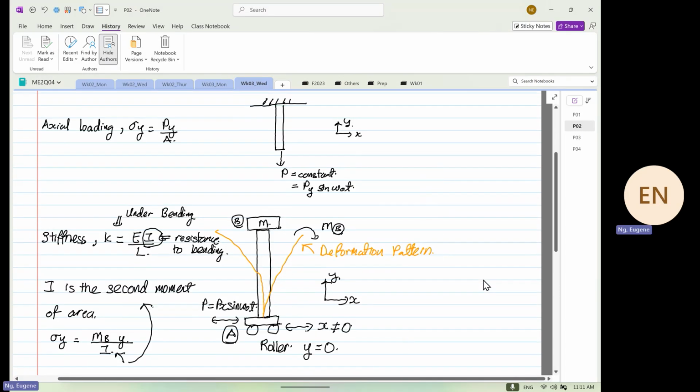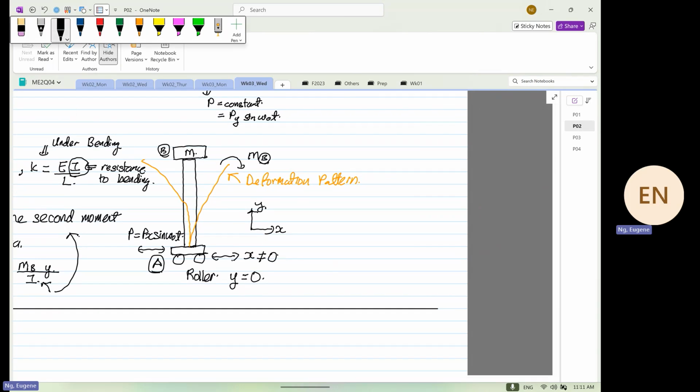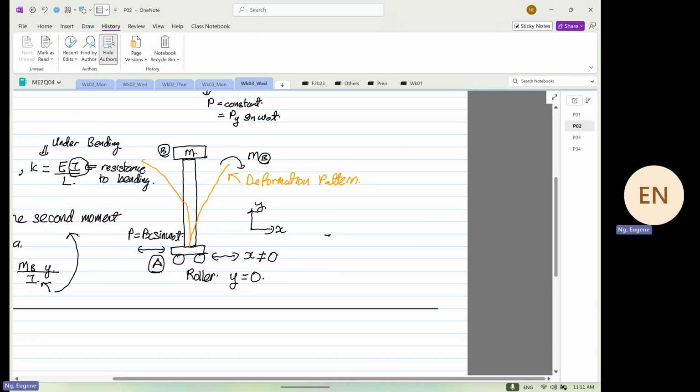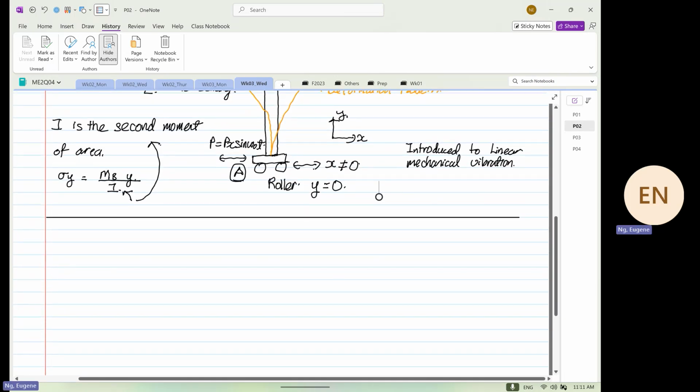So remember, you have only been introduced to linear mechanical vibration. I did not touch on circular. The next thing we are going into is planar.